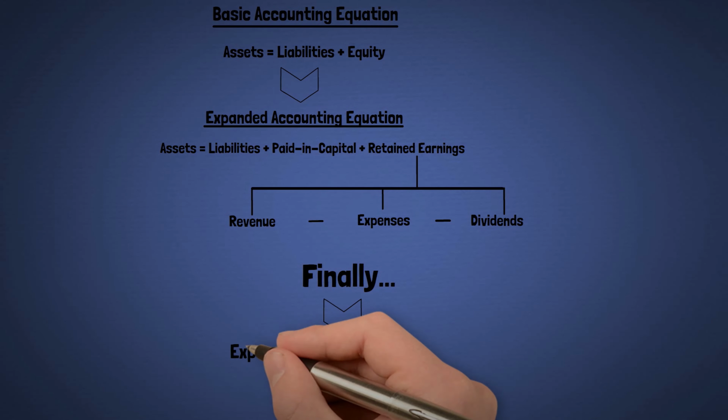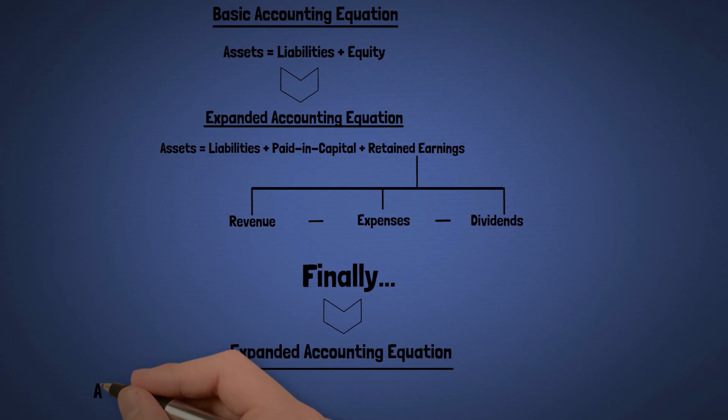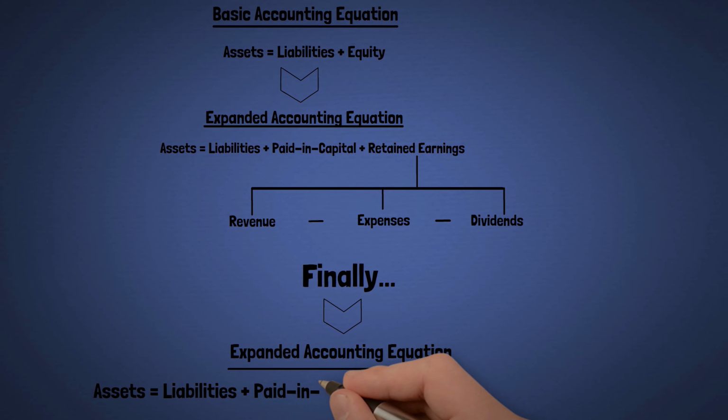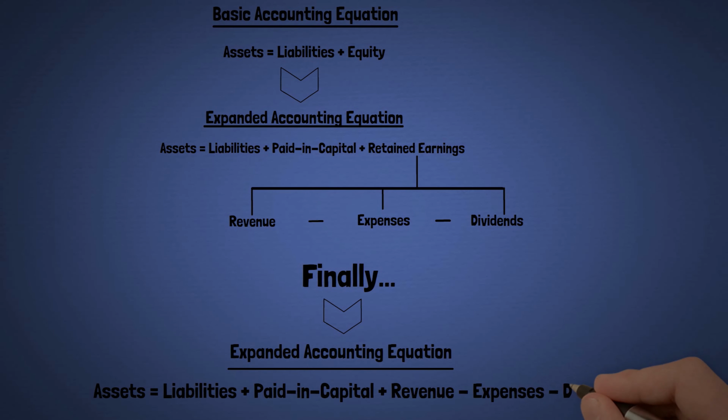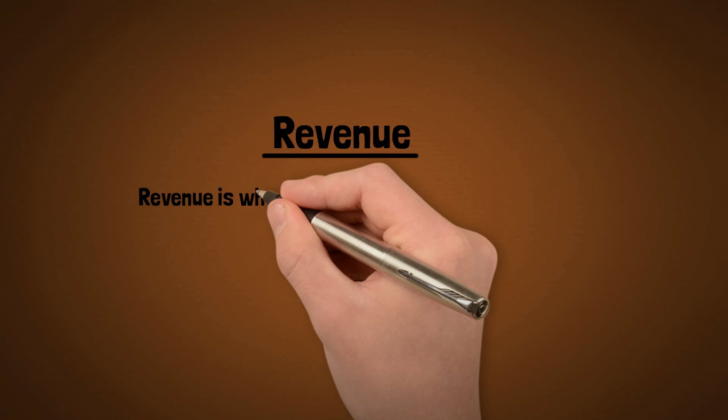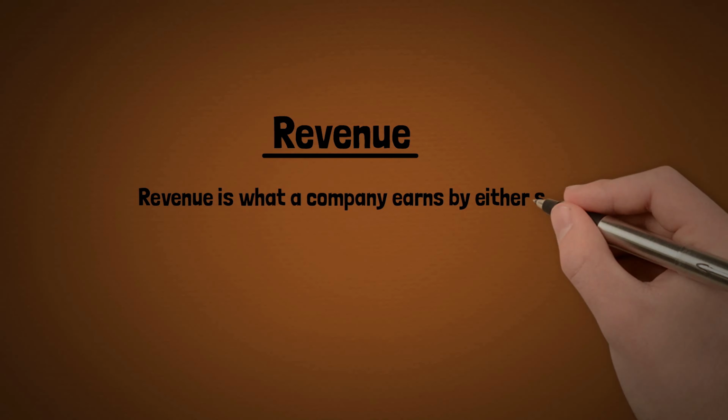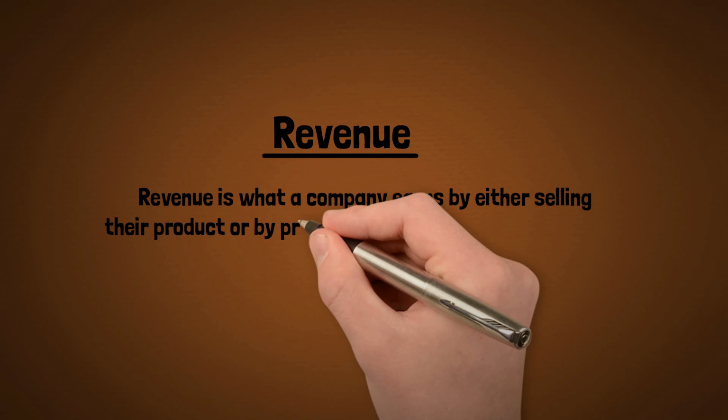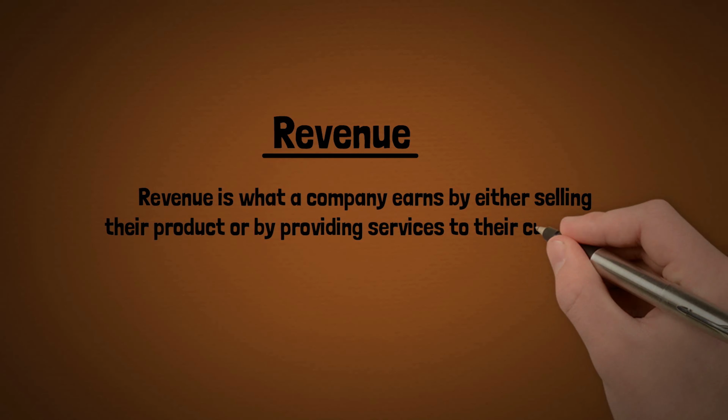Finally, we will have the expanded accounting equation as assets is equal to liabilities plus paid in capital plus revenue minus expense minus dividends. Now let's understand revenue. Revenue is what a company earns by either selling their product or by providing services to their customers.